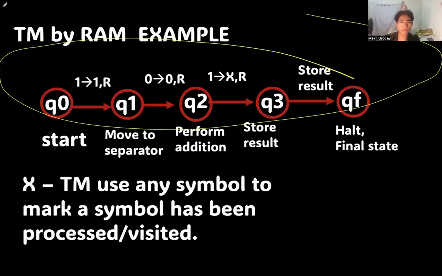Say, for example, you have right now Q0 as the start, and the tape head points there. We mark the start as part of 1, and that inputs 1 and moves to the right position.